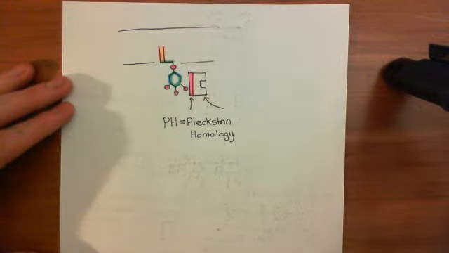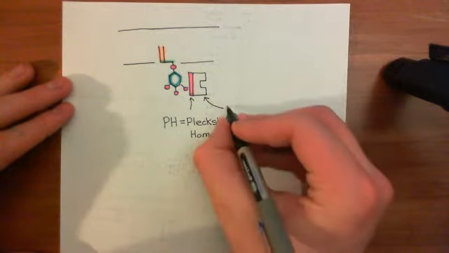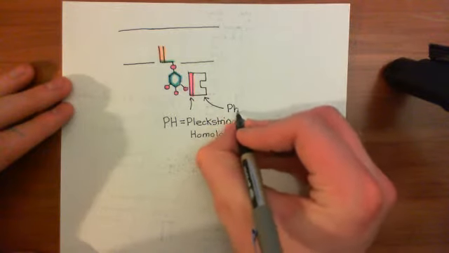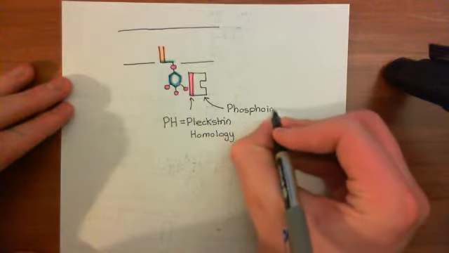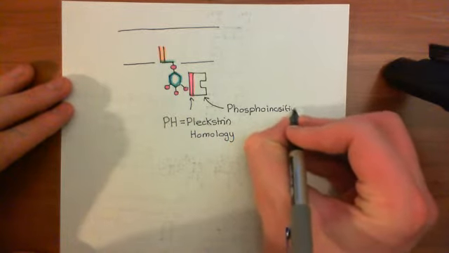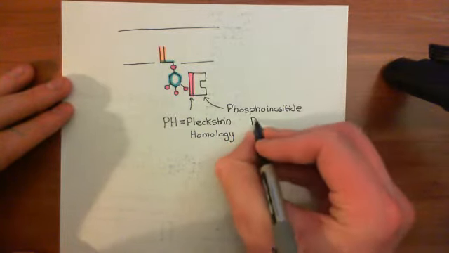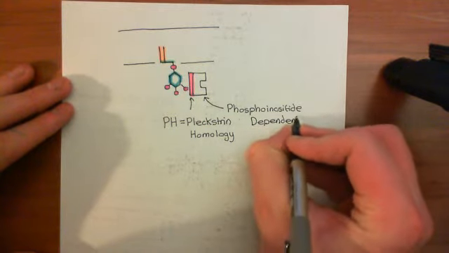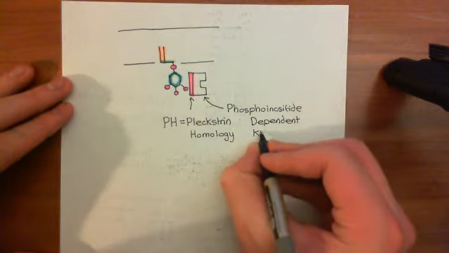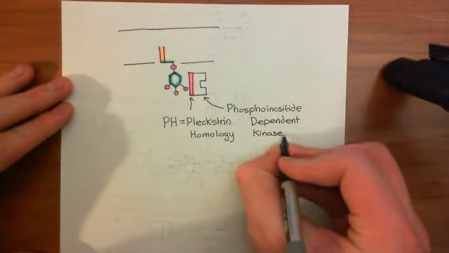Okay, and the name of this enzyme that is coming and binding to the PIP3 molecules that are now in the inner leaflet of the phospholipid bilayer is phosphoinositide-dependent kinase 1. So this is phosphoinositide, and then dependent kinase 1, often abbreviated to PDK1 for short.